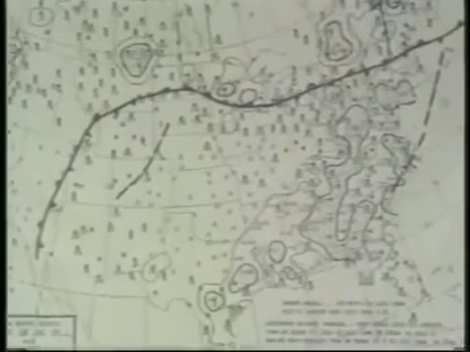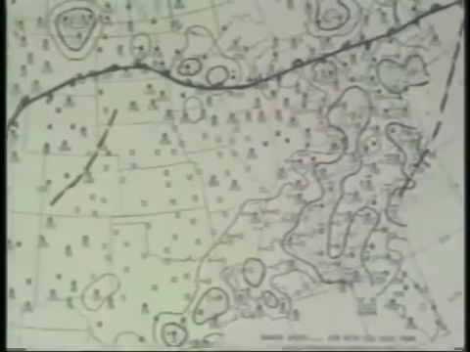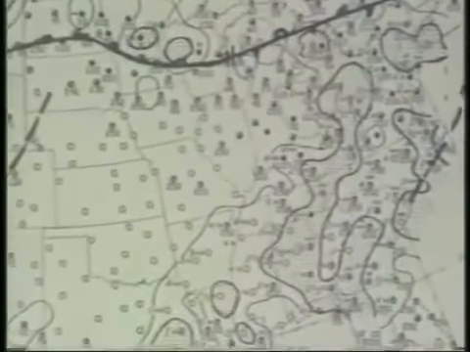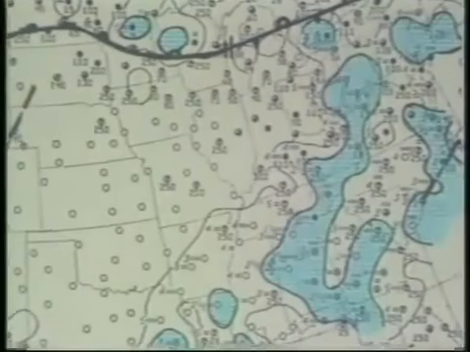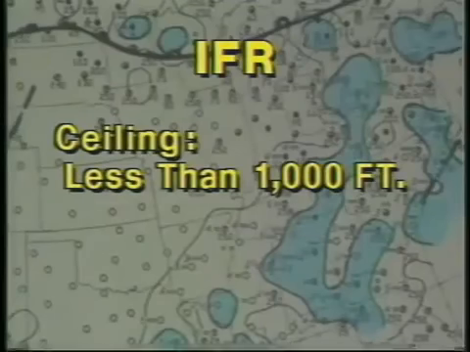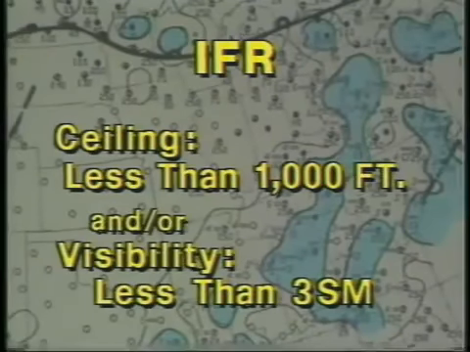Although pressure and wind information is not provided on these charts, areas of significant weather are outlined to help with route planning. Shaded areas indicate IFR conditions and contain ceilings less than 1,000 feet and/or visibilities less than 3 miles.